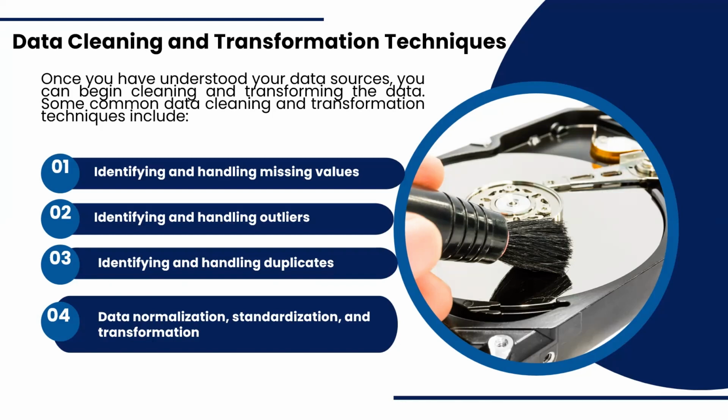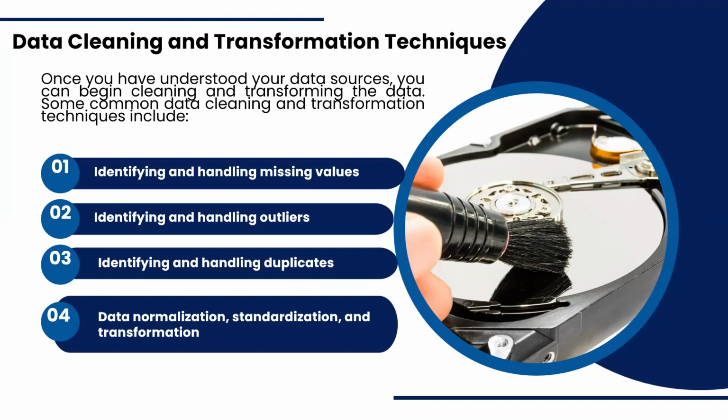It is important to identify and remove duplicate records, as they can bias your analysis. Some common strategies for identifying and removing duplicate records include using unique identifiers, such as customer ID or order numbers. And by doing this, we can eliminate or avoid having duplicate records.